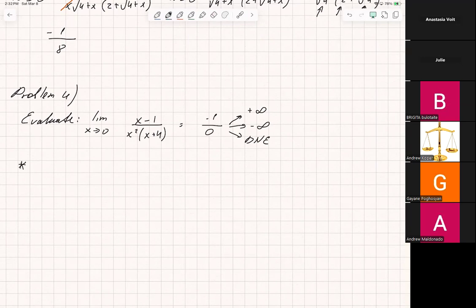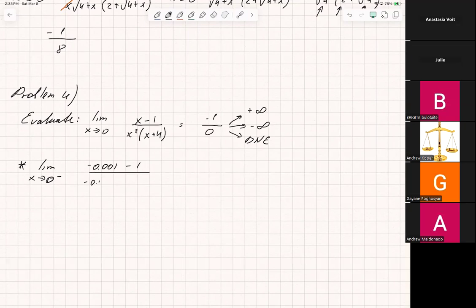This part is not the official solution, but we have the limit as x approaches 0 from the left side. You choose a value that is close to 0, but from the left side, right? So we have some negative 0.001, for example, like that. Minus 1, we plug it into the function.